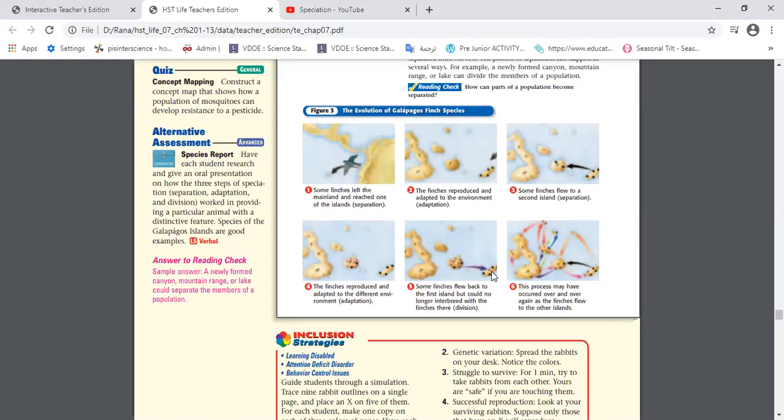So they will not be able to reproduce. So what are they going to do? They will go back to the island which they are suitable to live in. After years and years and many natural selections that happen, we are going to find that we have different zebra finches in each island than in the main island where they were found. So like this, we have different species of zebra finch. Is it clear, guys?